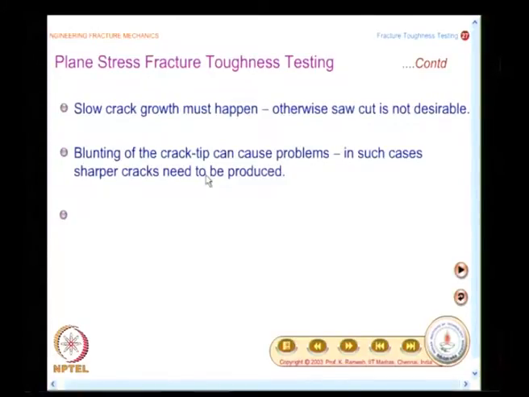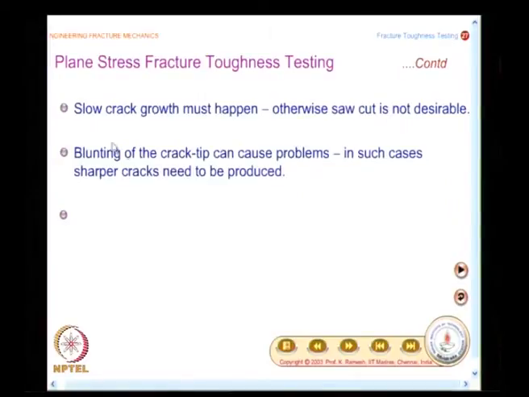See, if you go to a photoelastic experiment, we will simply take a saw cut and then do it. We will say that you take the thickness of the cutter as thin as possible, maybe of the order of 0.1 millimeter or less, and then make a thin slit. When you go for plane stress testing, because of stable fracture, you invariably get a natural crack. But what people have experimentally obtained is, you need to have a smaller radius which is dictated by the material.